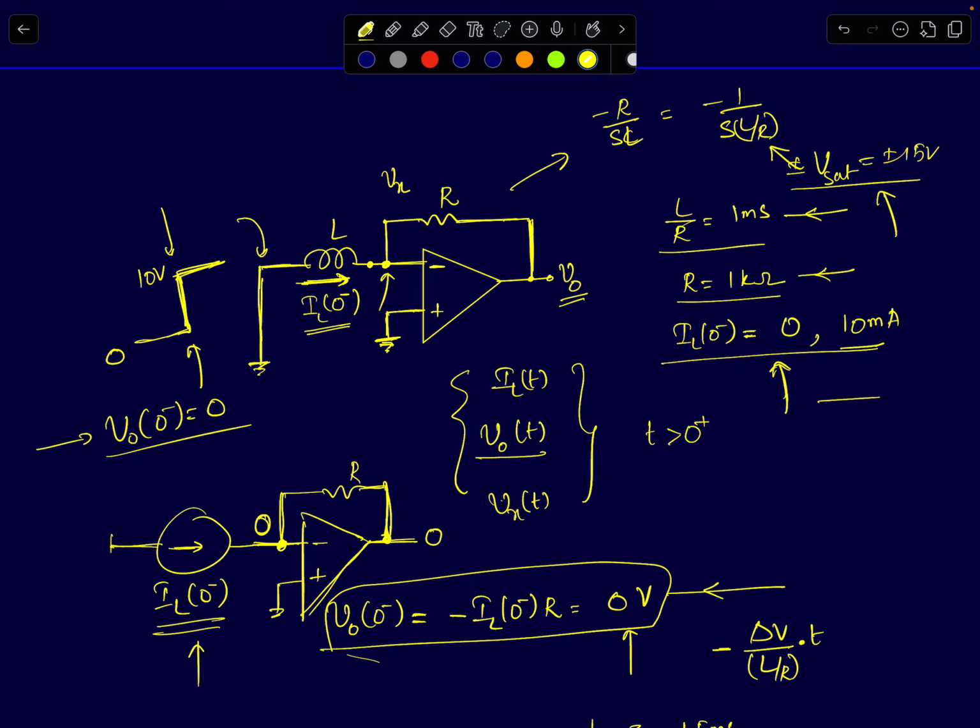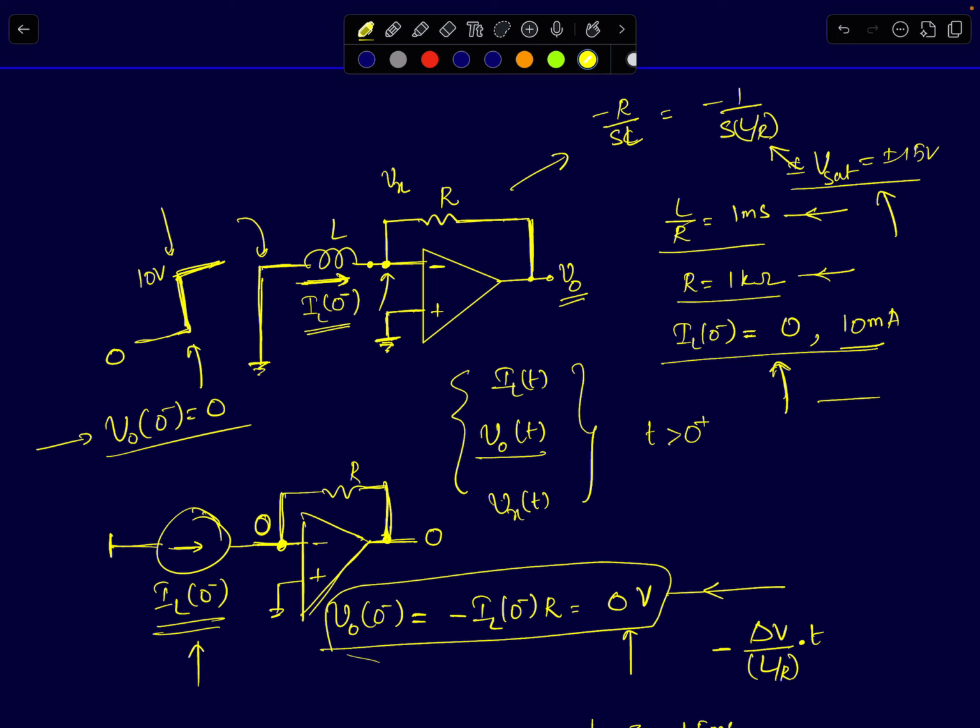This simply means that the incremental resistance of this current source is infinity, so the inductor is acting like an open circuit. But if it was initially carrying any current, to capture that effect, you can model an inductor as a constant current source.